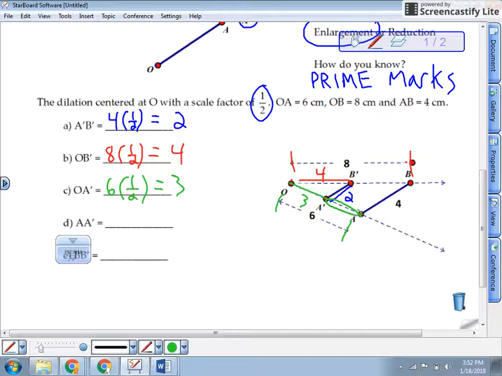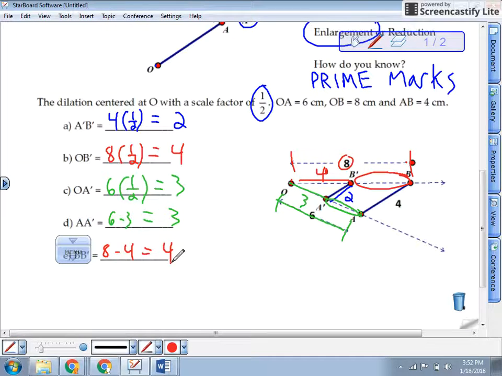Well, if the whole thing is 6, which we've established right here, and this piece is 3, then that also has to be 3 because 6 minus 3 equals 3. So there's the answer. And then B to B prime, I think you guys get now. B to B prime is this right here. If the whole thing is 8, we know that this is 4. Then it's just going to be 8 minus 4 equals 4. So there's your answers to those questions.